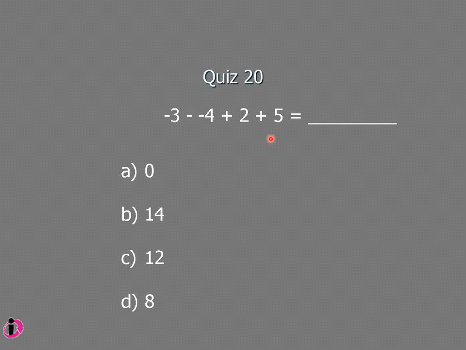What is the right answer here? Negative 3, negative 4, plus 2, plus 5. So you first deal with these two.